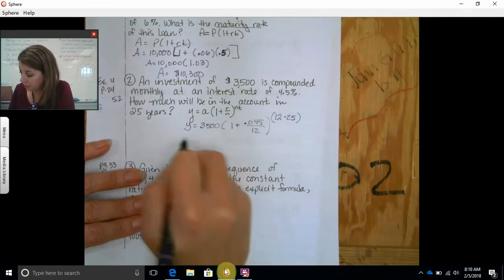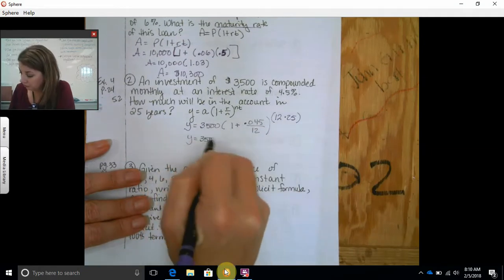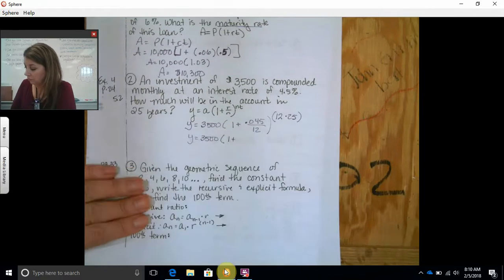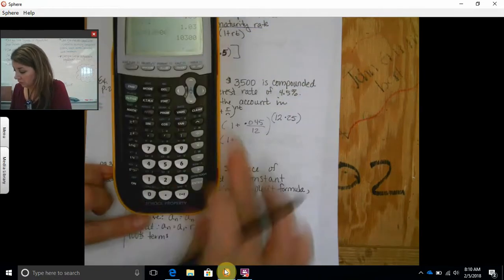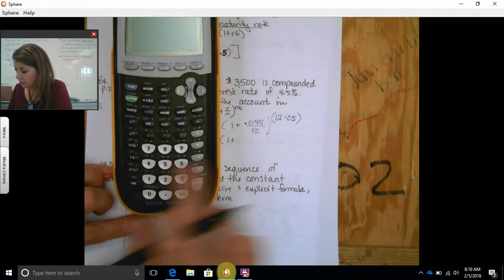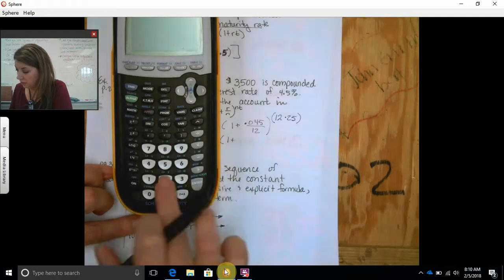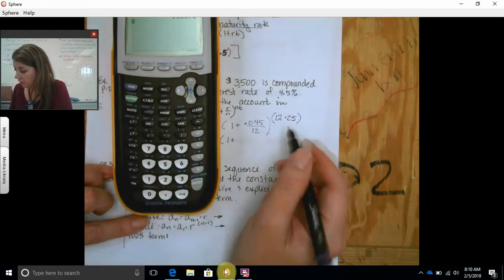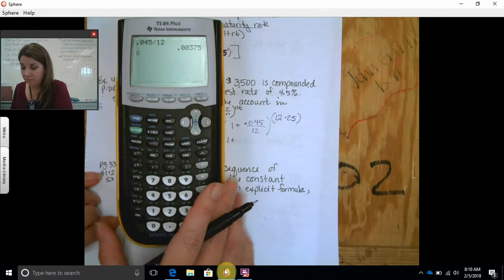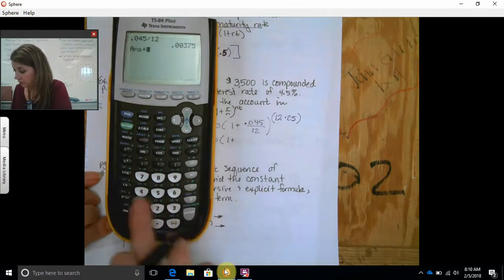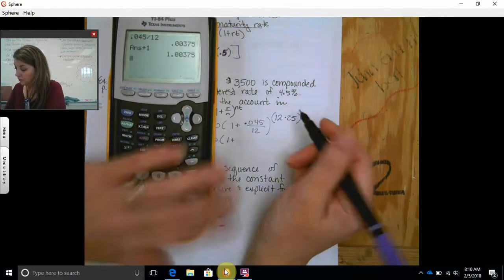First, I'm going to do my fraction. So remember, fraction is division, always numerator divided by denominator. And then, my bad, I'm going to go ahead and add that 1 to it. 1.00375.